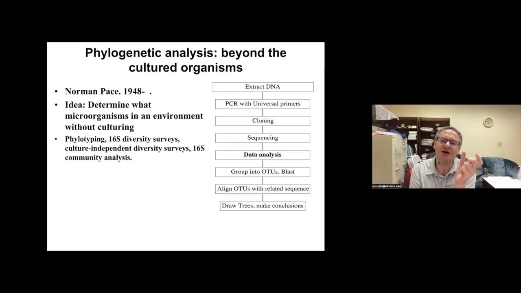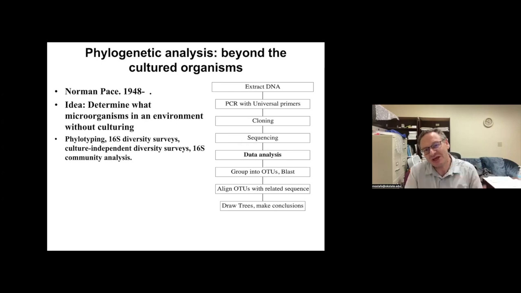So now you have a PCR product. If you look at this PCR product in a gel, it's one single band, but it's really billions of different 16S ribosomal RNA sequences. Every single molecule in this band could theoretically be thought of as representing a single cell, a single microorganism present in your sample.